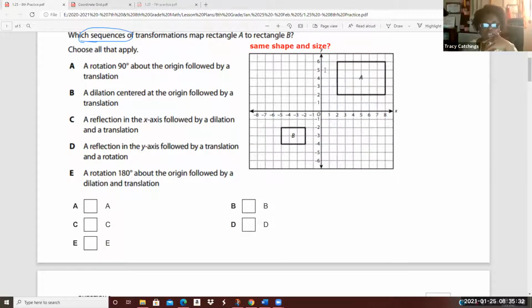If the answer is no, what kind of transformation is that telling me occurred? Dilation. Good job. So that means dilation would need to be one of my answer choices. Showing you how to use process of elimination. So now that we have picked out all those that would give us a dilation, which ones can I eliminate?